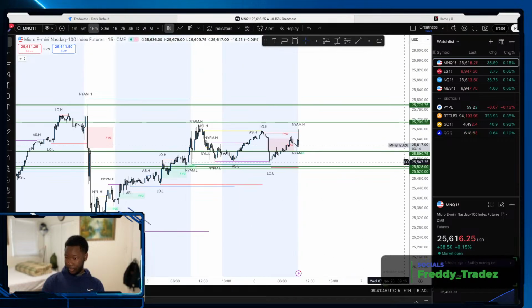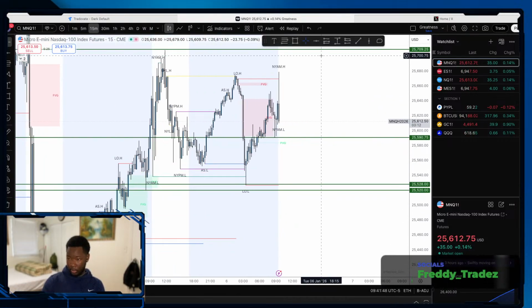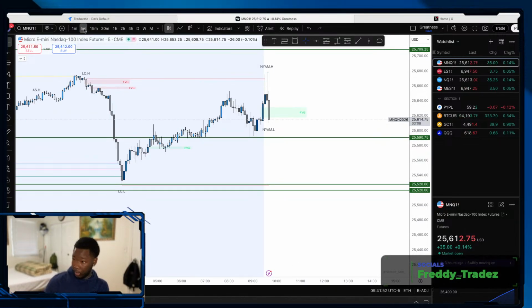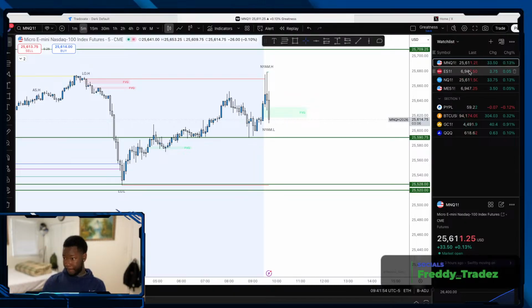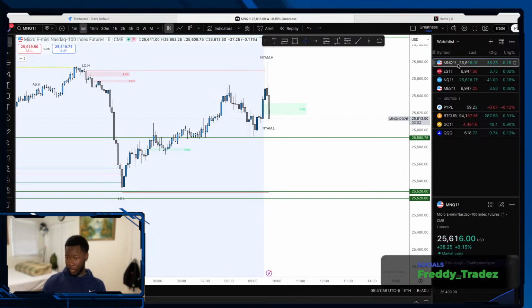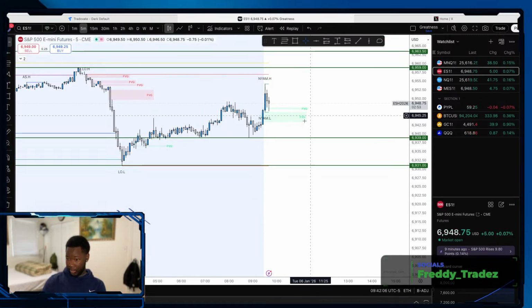9:41. See how this 15-minute closes. Yeah, look at the rejection on NQ. Okay. So if we take this low and then get some sort of IFVG, CISD, and I am to take longs, I'm gonna take it on ES.